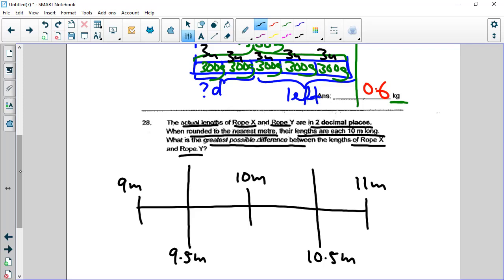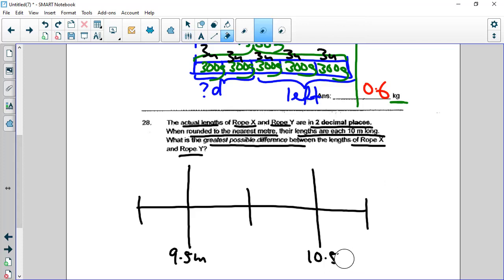So you look at this number line. The actual lengths are in 2 decimal places, so let me change the whole numbers into 2 decimal places.